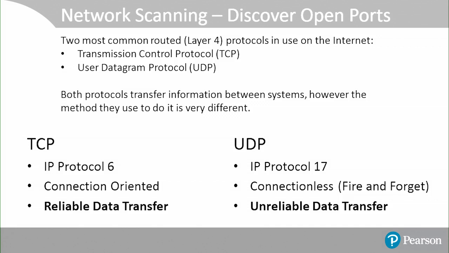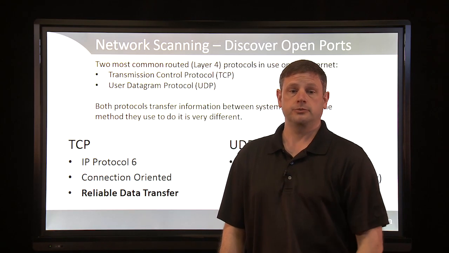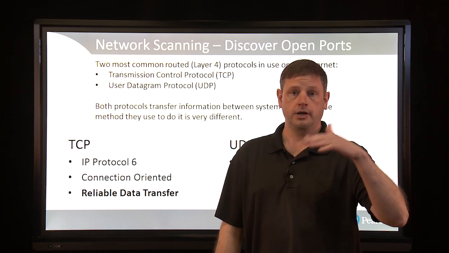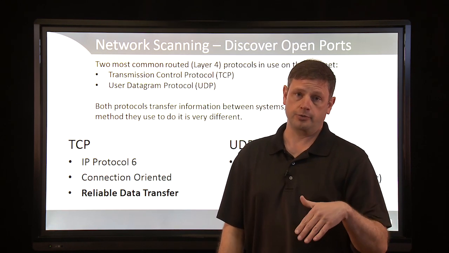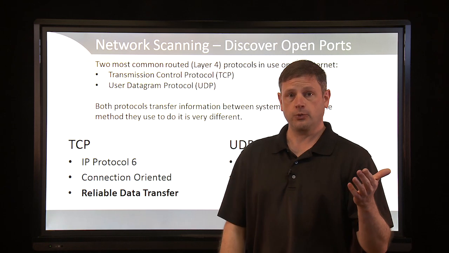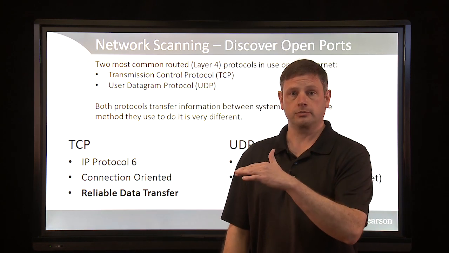So specifically, transmission control protocol and user datagram protocol. TCP, IP protocol 6, if you recall from your studies about the OSI model, so we have layers 1 through 7, TCP and UDP operate at layer 4. Just below that, layer 3 are where packets happen. Layer 4 is the transport layer.